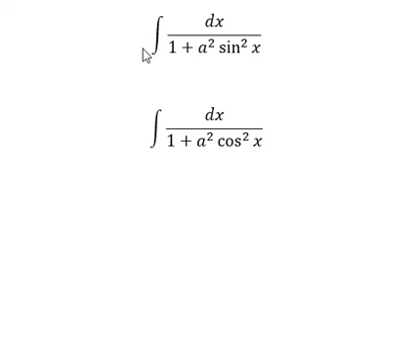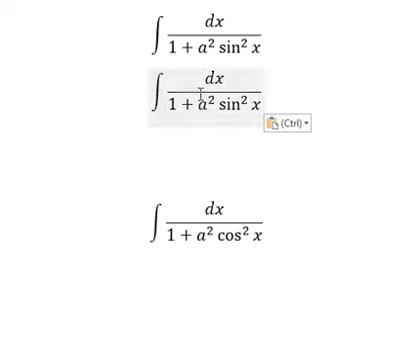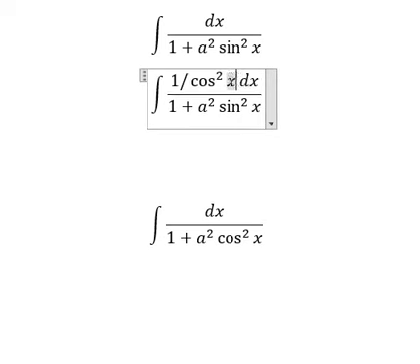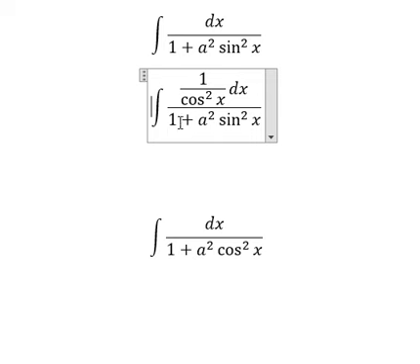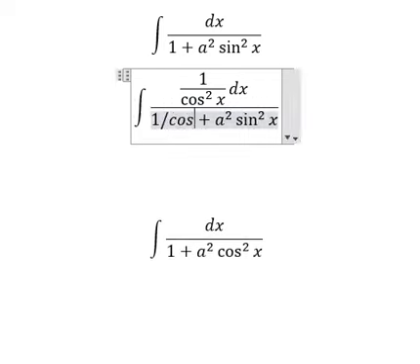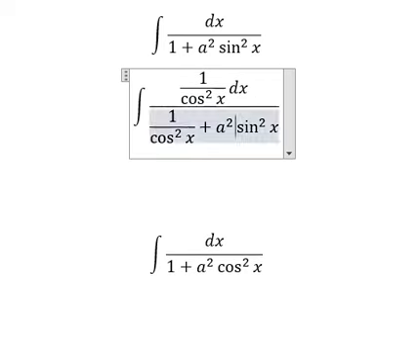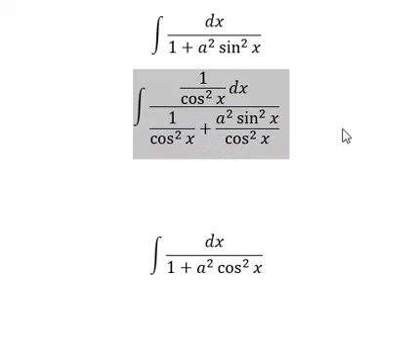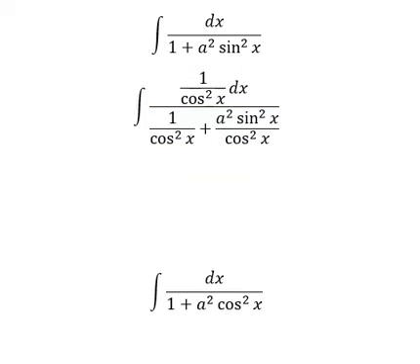So today I will show you how to answer this one. So the first thing, we need to divide by 1 over cosine x squared on numerator and denominator. So we have the formula in here.